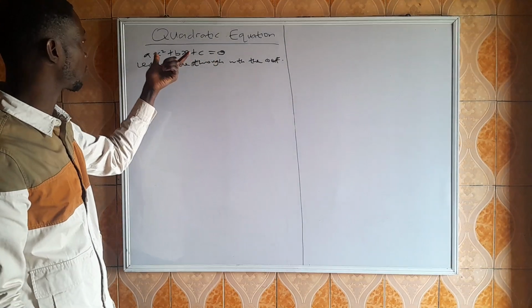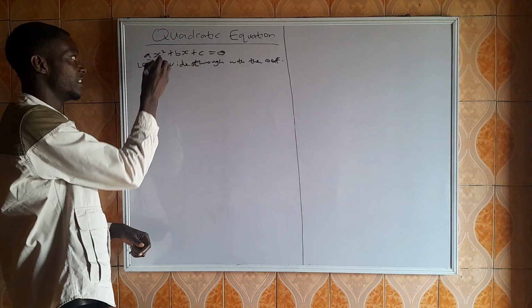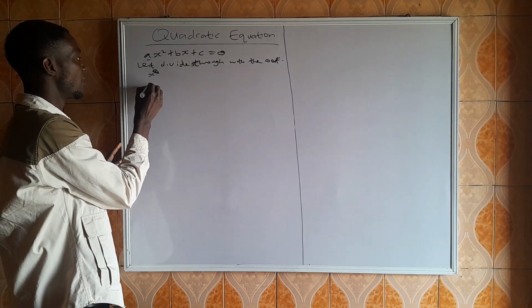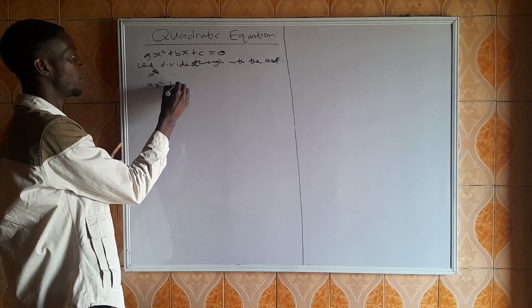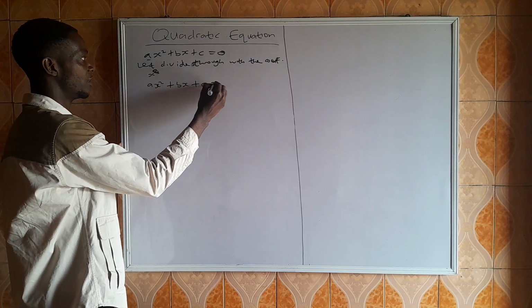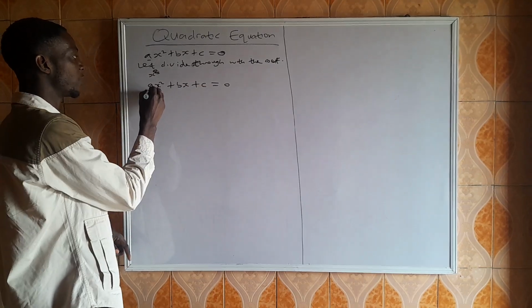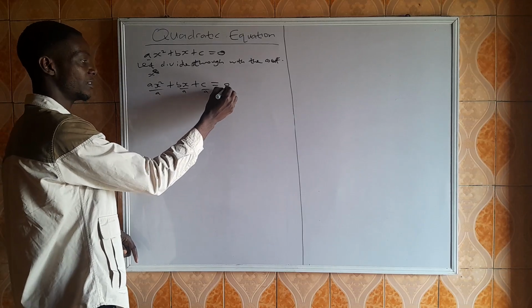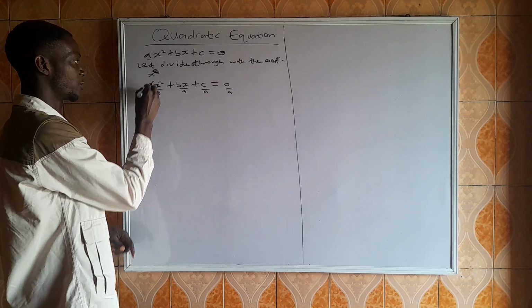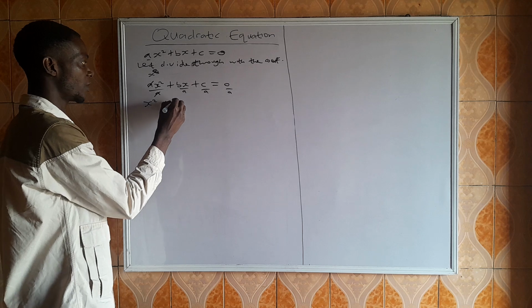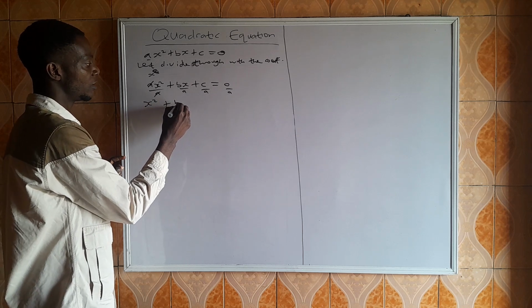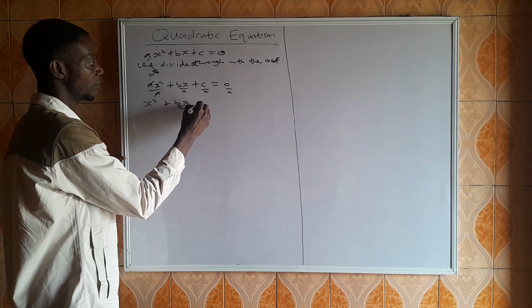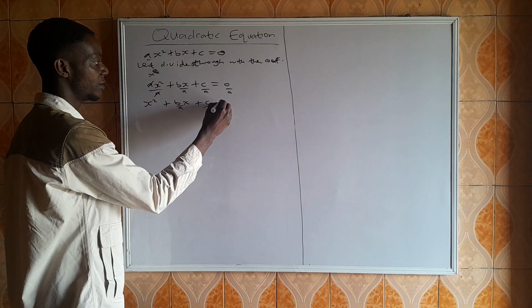The coefficient of x squared in this expression is a. So when you divide through by a, you have x squared plus b over a x plus c over a equals 0.